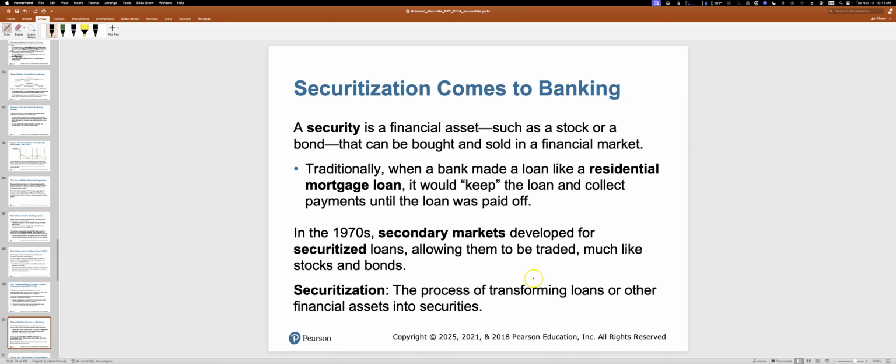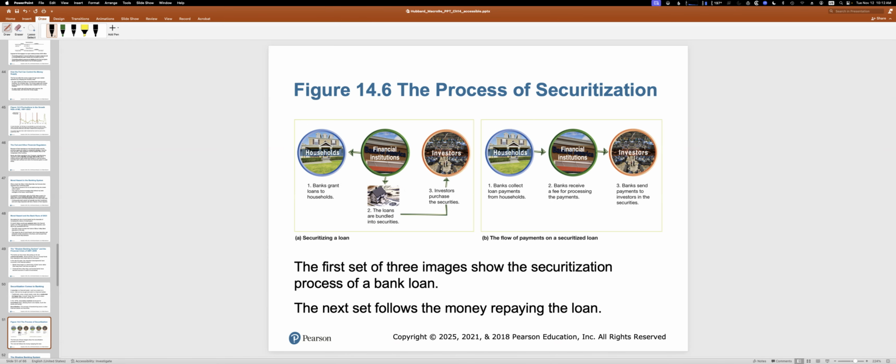And so that's what you see with the secondary market of securitized loans, is that mortgages are now typically traded from one issuer to another in the securitization process. But again, what that means is that banks are more willing to make bad loans because they know they might not hold them. And so you can see this securitization process as it occurs over time.